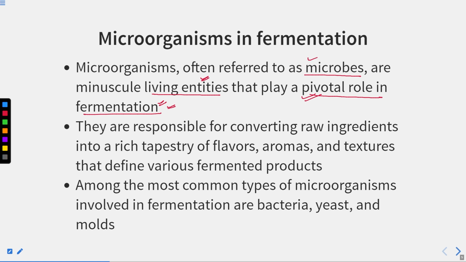So what are those? Those are microbes or microorganisms. They are responsible for converting the raw ingredients into a rich tapestry of flavors, aromas, and textures that define various fermented products. They are required to convert the raw material into a new type of substance.